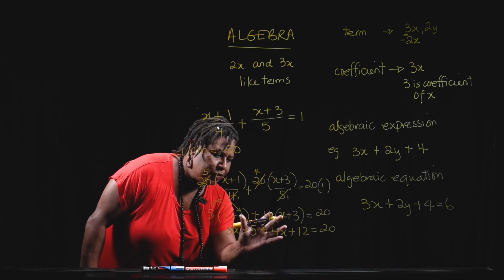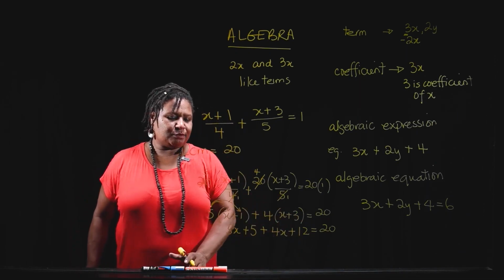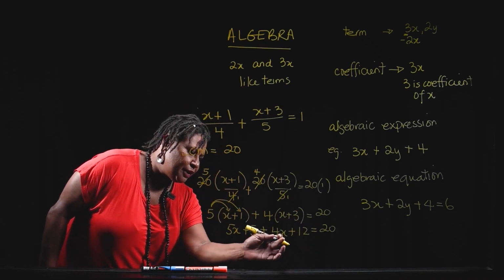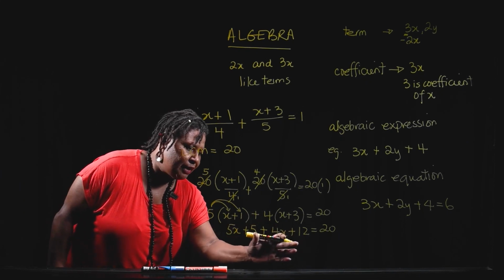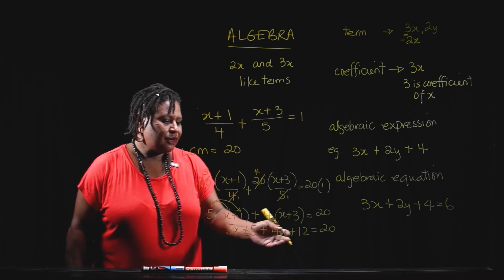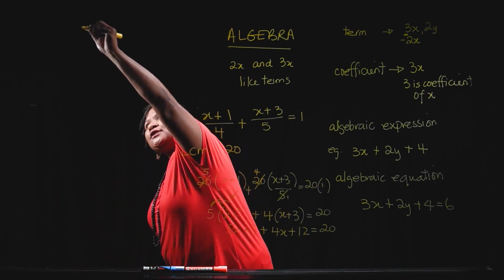Okay, now that we've removed the brackets, we are going to collect the like terms. Okay, so we have in our equation 5x and 4x are like terms, and 5 and 12 here are also like terms. Okay, so let us collect those like terms.